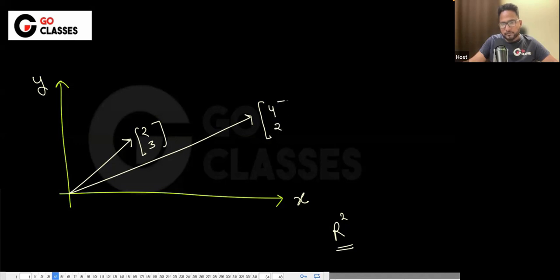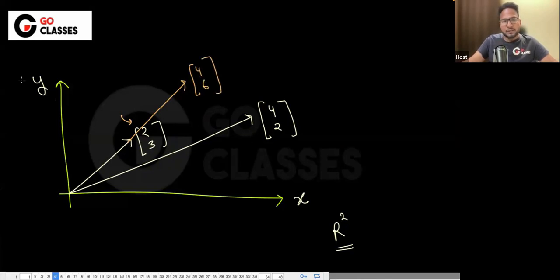Now, what are the possible operations that you can do with these two vectors? Maybe you can multiply by some scalar. Let's suppose you multiply this vector by the scalar 2. Then what will it become? It will become 4 6, right?